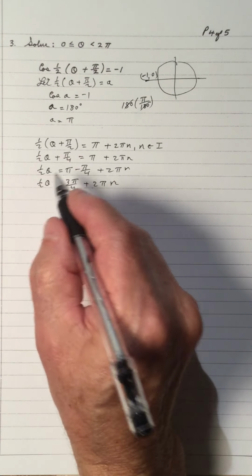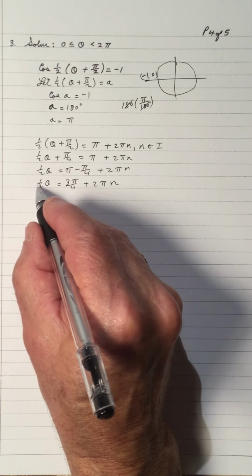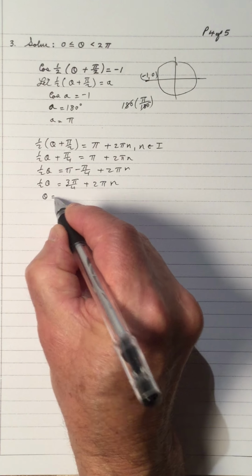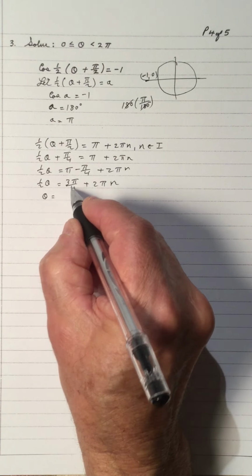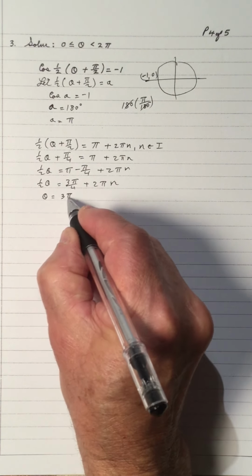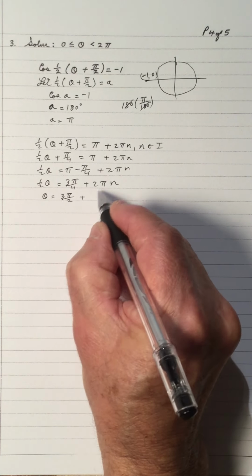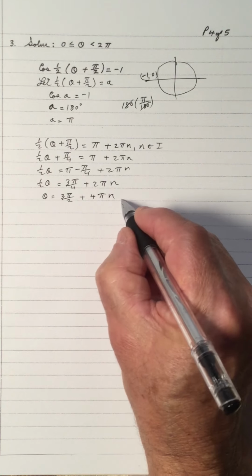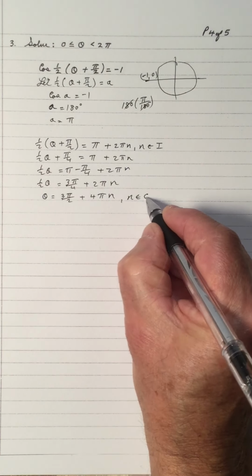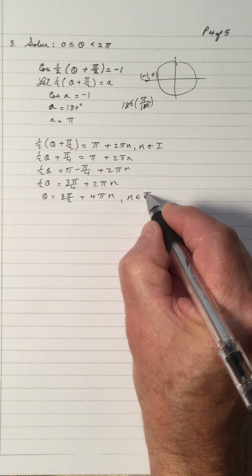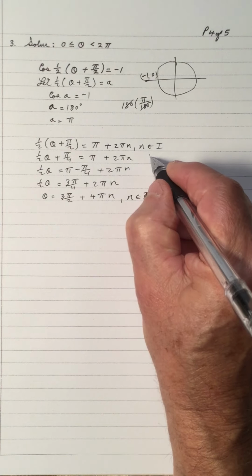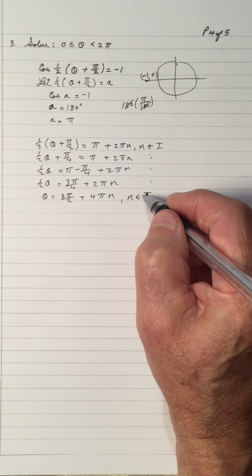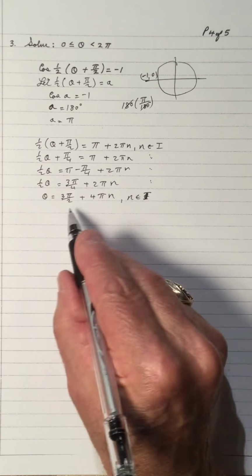And now, this is a half, so multiply by 2. 2 times a half is 1. 2 times 3 pi over 4 is 3 pi over 2, and 2 times 2 pi n makes it 4 pi n. And n belongs to the integers, which comes down right here. I didn't write it in each one. So these are all the angles that will make this true.